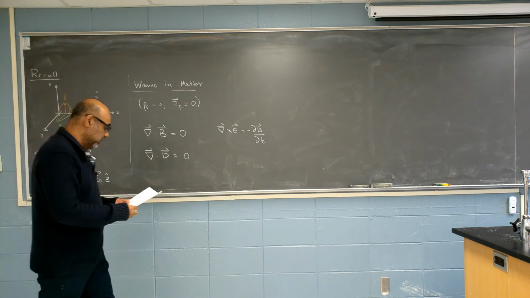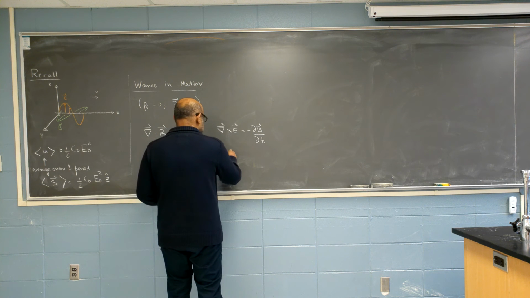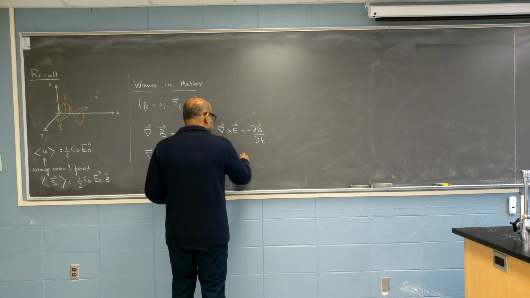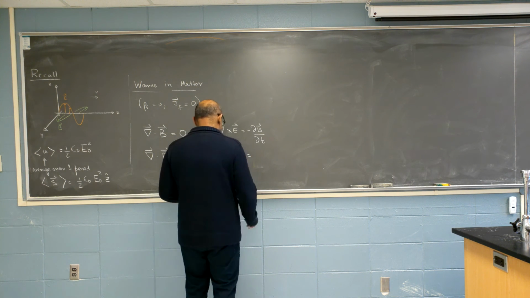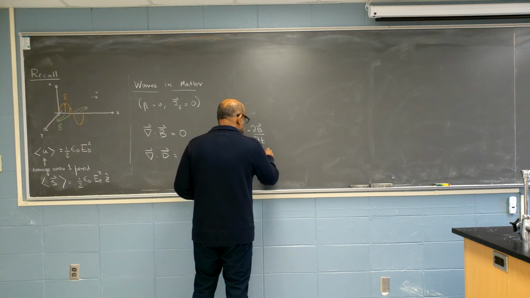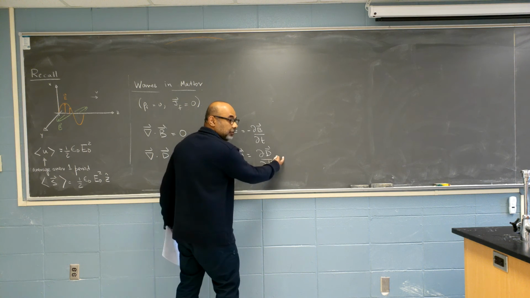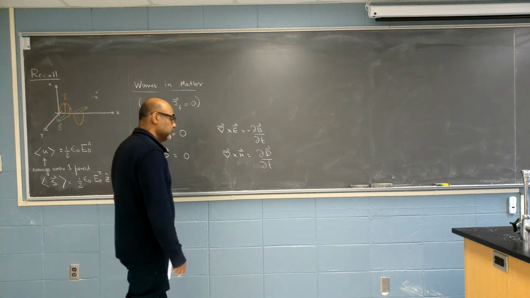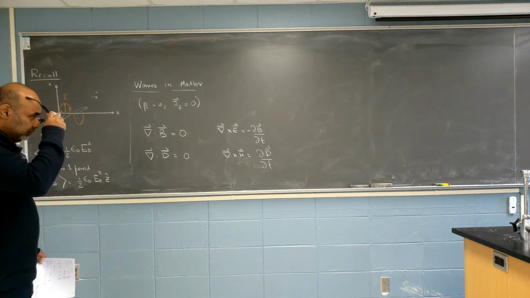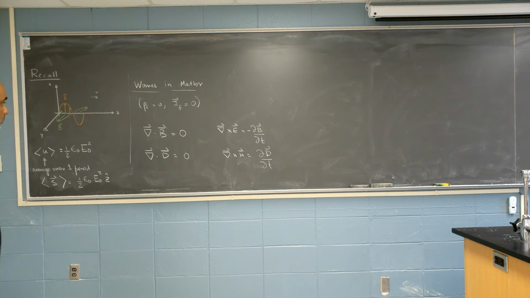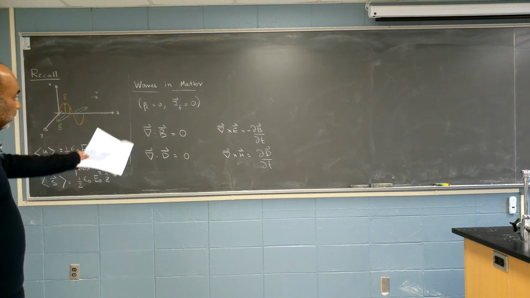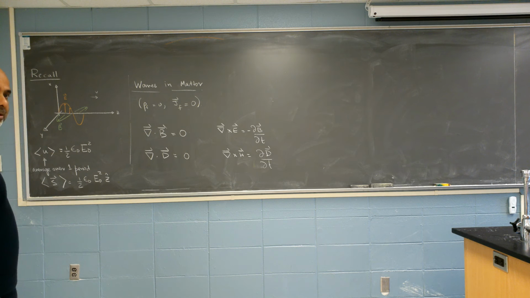Del cross E equals minus dB/dt, and then I have del cross H is equal to dD/dt. There's a J free term here, but that's also 0. Look at the expression. Go back to matter. That's the equation.